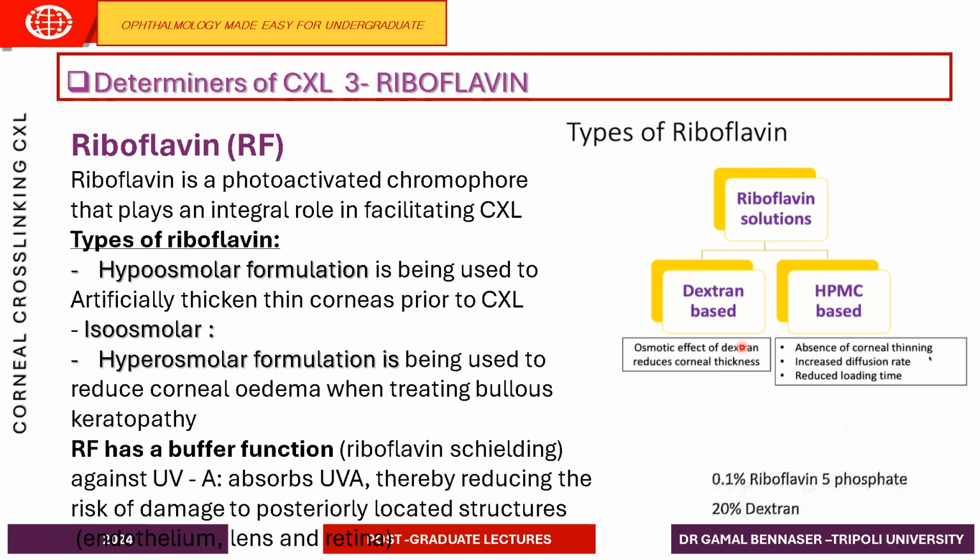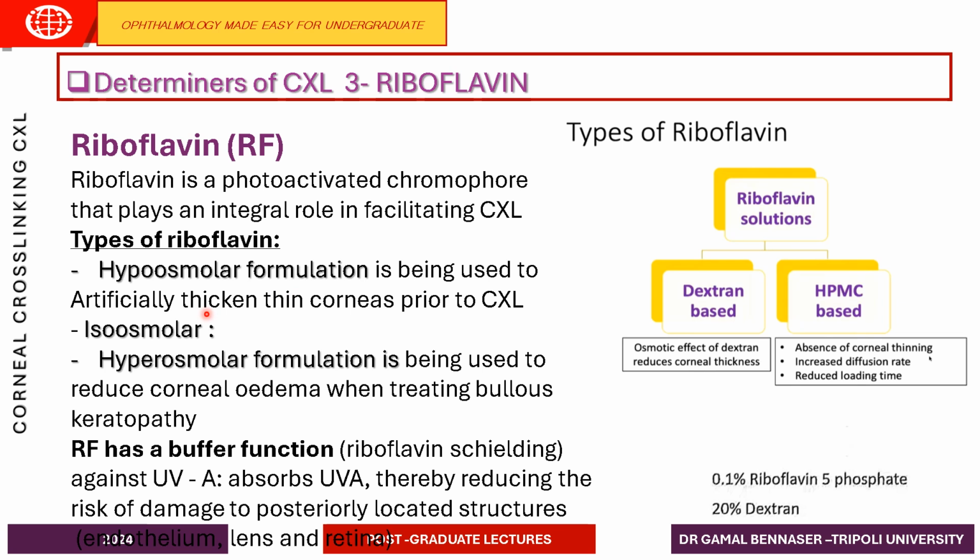So this is the dextran based. The hydroxypropyl methylcellulose based is very useful to enhance and speed up the penetration of the riboflavin into the cornea, especially in the transepithelial type, and it has the advantage that it will not lead to dehydration of the cornea.